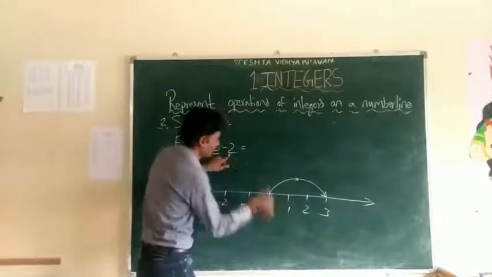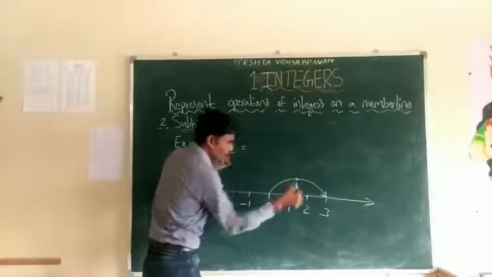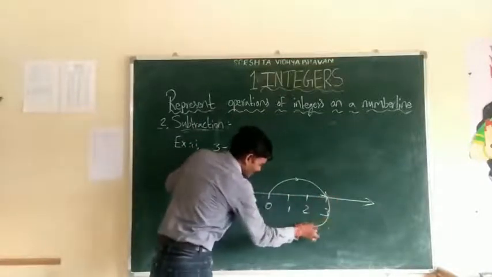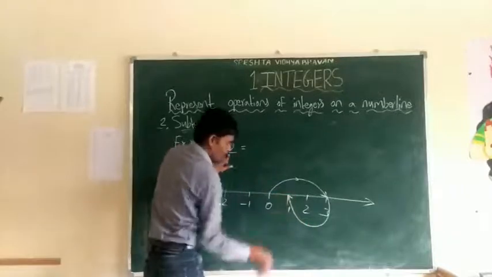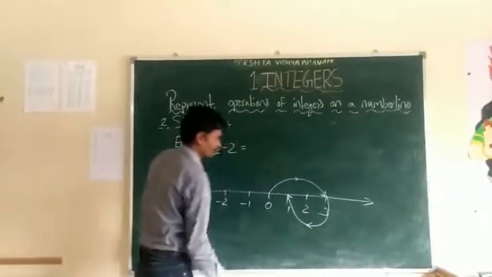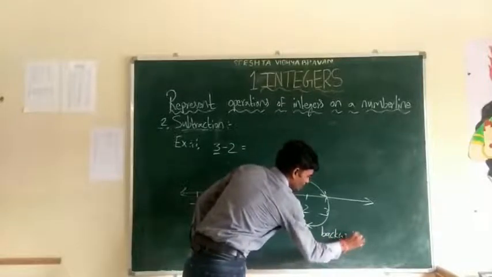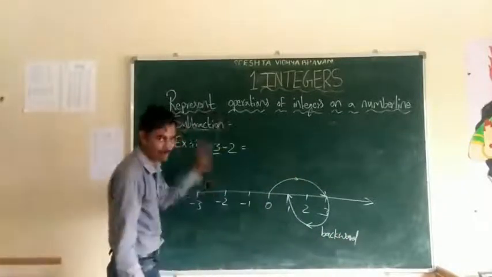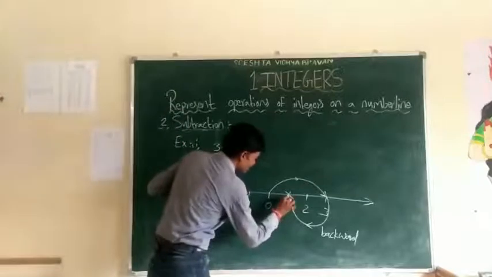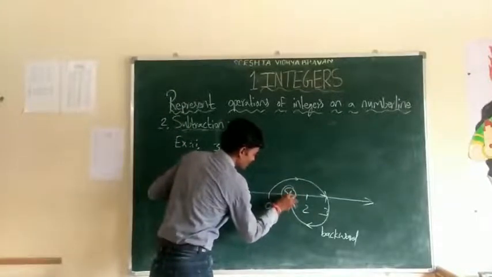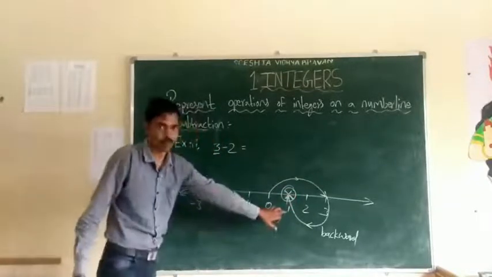We have to subtract 2 numbers. First 1, 2. That means it is the backward direction for the subtraction. What is the resultant answer here? Where it is stopped. That means plus 1, positive 1.